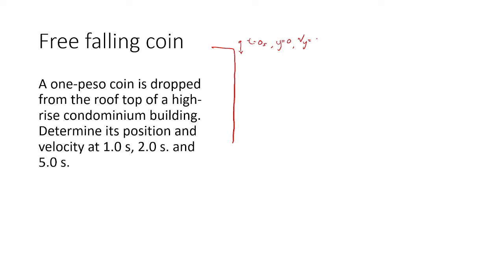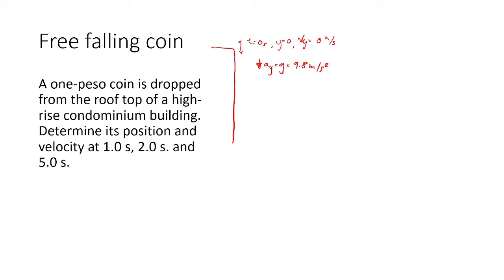Since there is no initial velocity introduced to our free-falling coin, nakalimutan ko yung initial velocity, v naught y, which is equal to 0 meters per second. And as we have assumed, we have here a downward acceleration, which is equal to g, which is 9.8 meters per second squared.